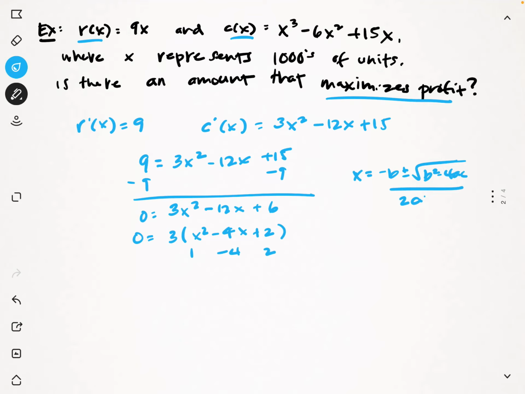So we have 4 plus the square root of 4 squared minus 4 times 1 times 2, divided by 2. So we get 3.414.